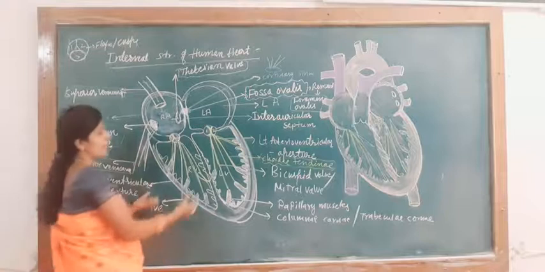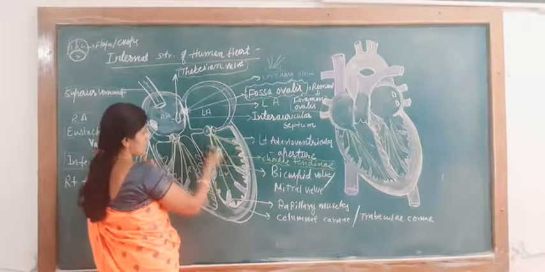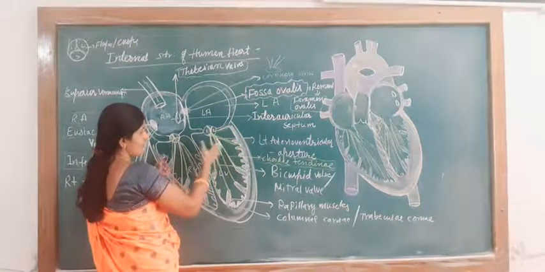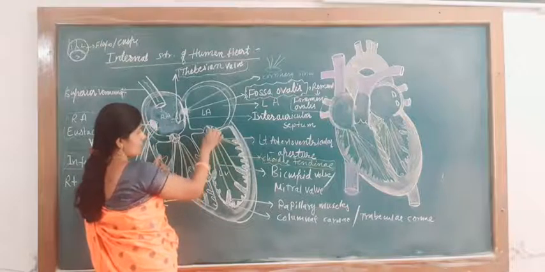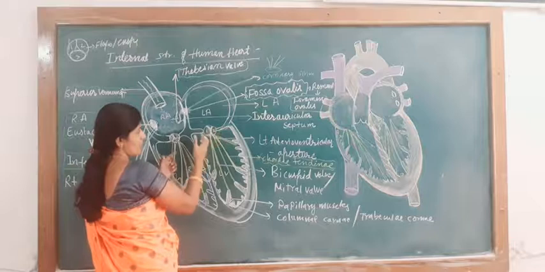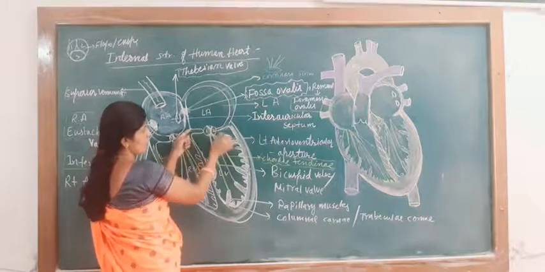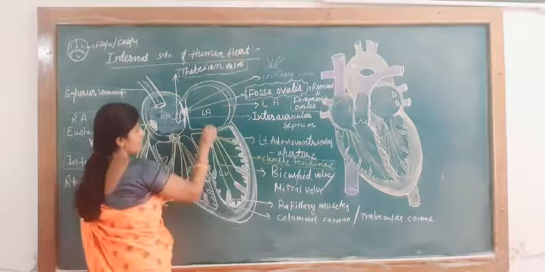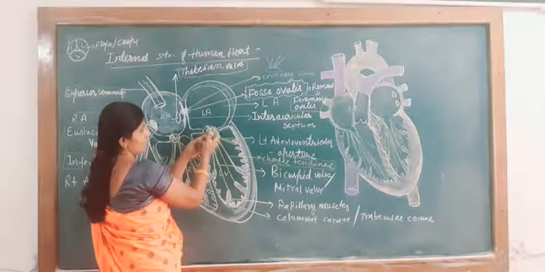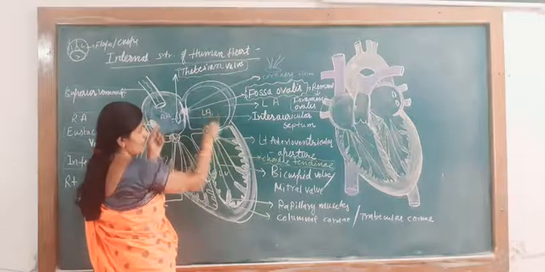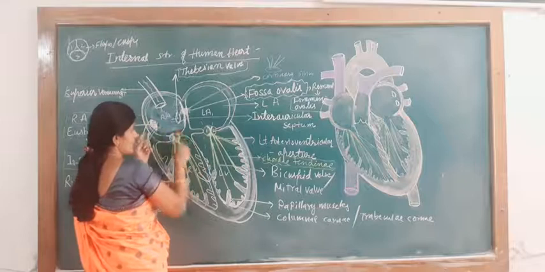When the ventricle contracts, these doors get closed. When the ventricle relaxes, these doors open, and the blood comes down from both atria.